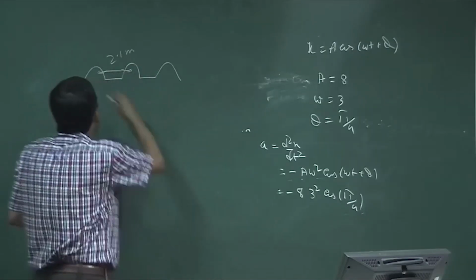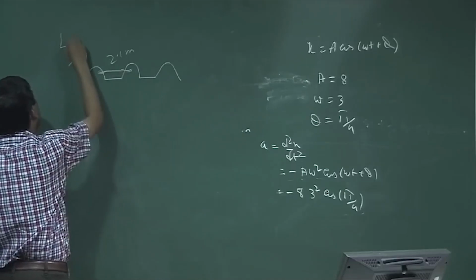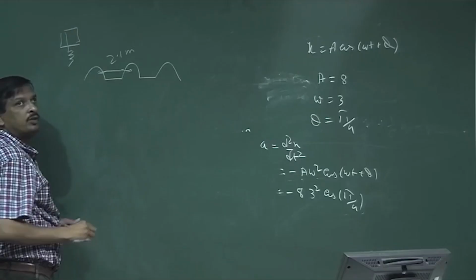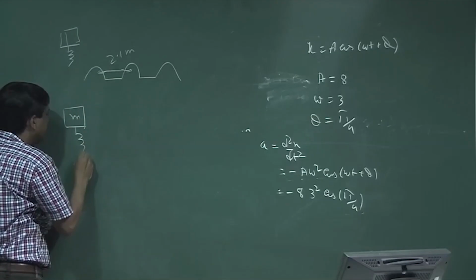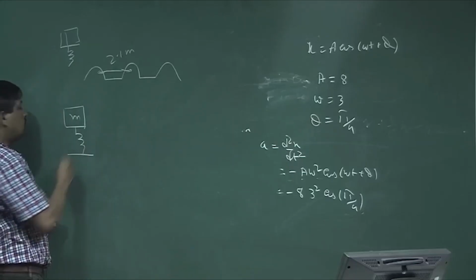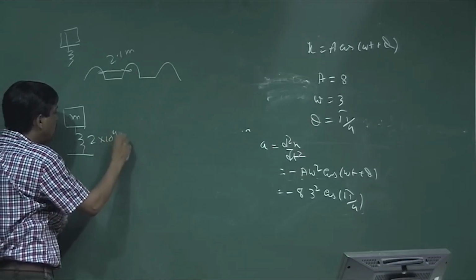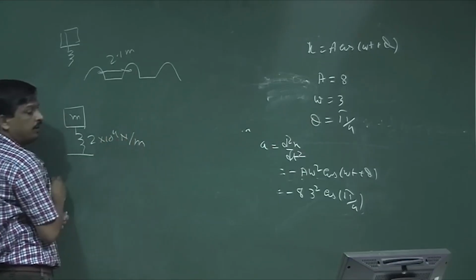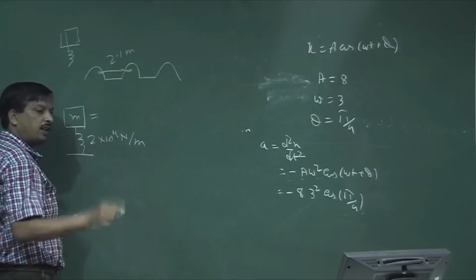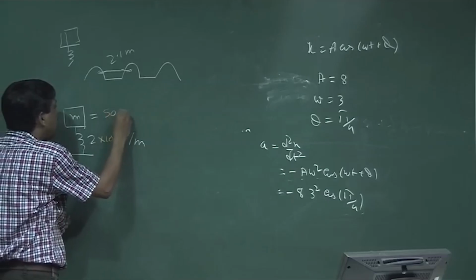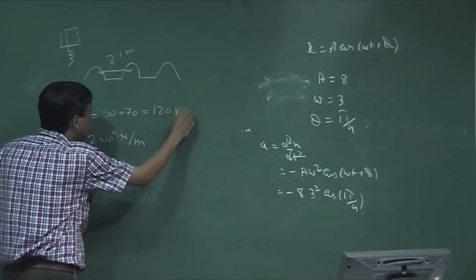Now, the tractor has a seat with a spring, and over the seat I have a mass. So, the system is nothing but a mass spring system. The spring constant is 2 into 10 to the power 4 Newton per meter, and the mass is the seat mass plus the driver mass, 50 plus 70 is equal to 120 kg.